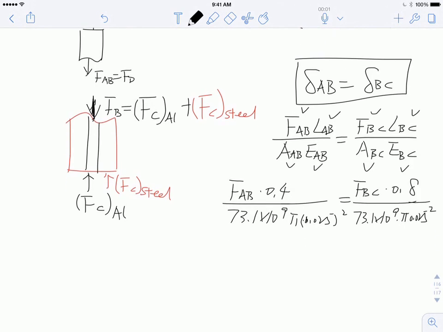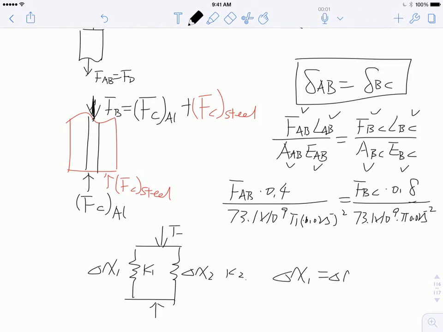In other words, if you don't quite understand, again, the two-spring system, force, delta x1, delta x2, K1, K2, right? So delta x1 equals delta x2 equals the total delta x, because whichever one you pick, they are the same amount of displacement. Make sense? This is how we solve for the spring system.